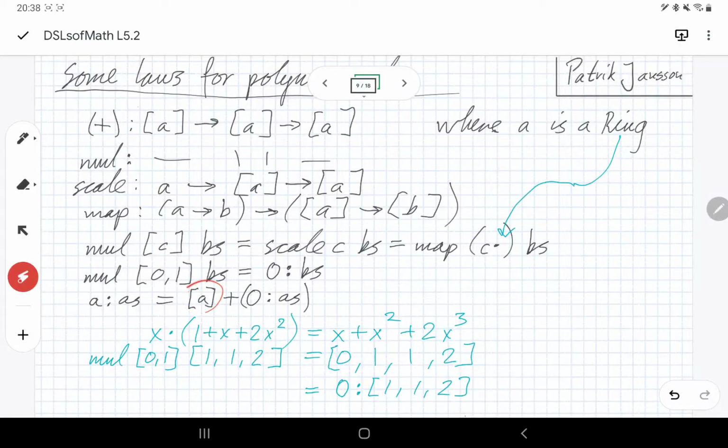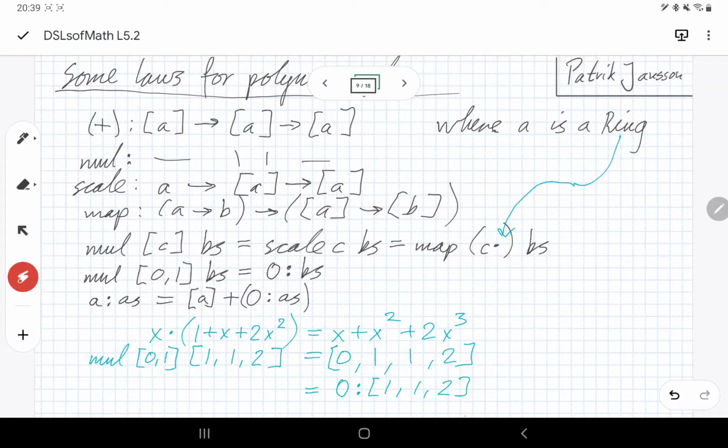So this is a list representing the constant polynomial returning A, and this is the list representing the polynomial which starts with 0 and then continues with AS, which also, given what we talked about down here, or the law here, is the same as x times AS. So AS shifted up one step. And shifted up one step, I mean, that's what being in the second position of the cons constructor means. So here we have basically a list starting with A and having 0 as the rest, and here we have the list starting with 0 having AS as the rest.